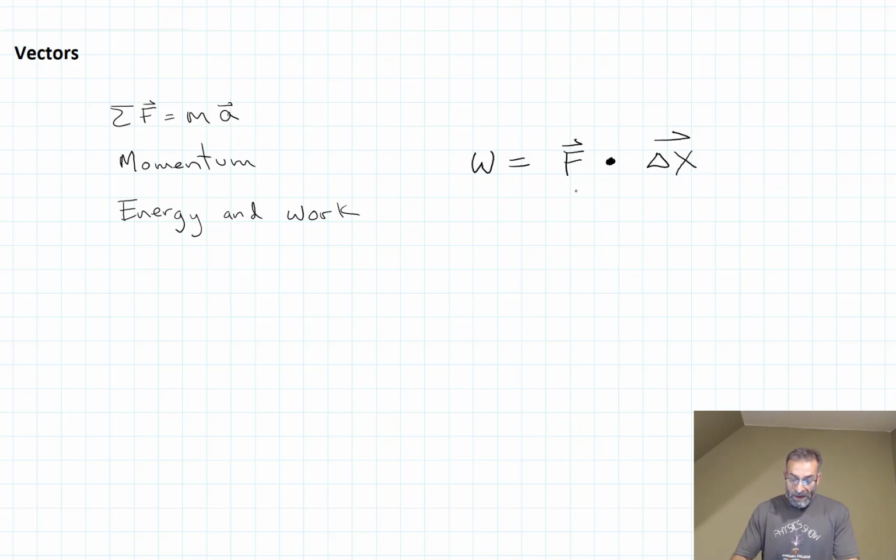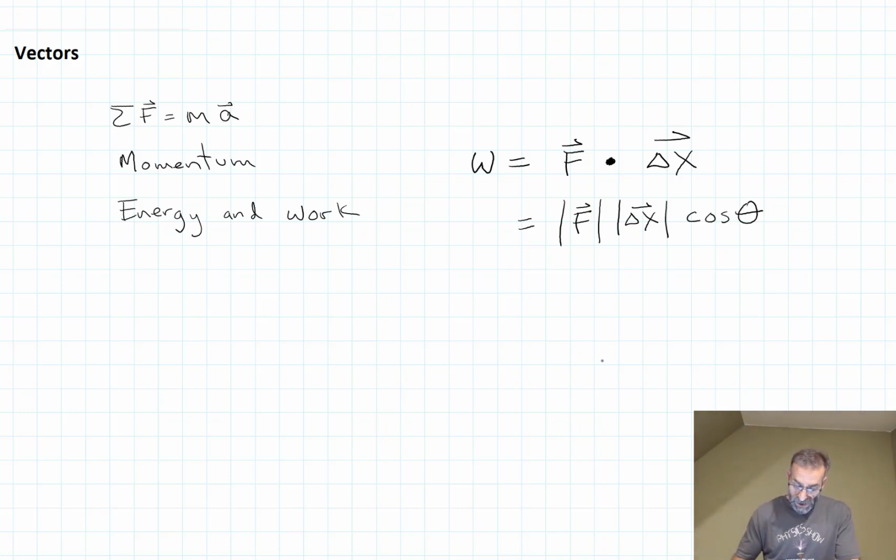Remember, the dot product returns a scalar quantity. We take two vectors, we take a dot product, we get a scalar back. And this is the same as the magnitude of the force multiplied by the magnitude of the displacement multiplied by the cosine of the angle you get when you put their tails together.